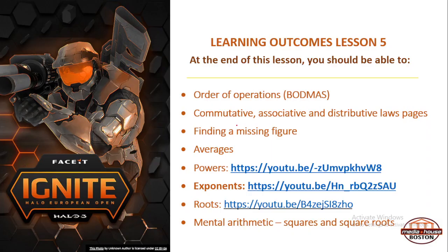The learning outcome of this lesson is that by the end of today's lesson, you should be able to apply the order of operations, which is BODMAS, which we already covered in lesson 1, the commutative, associative, and distributive laws, finding a missing figure, and averages. We're also going to talk about powers and exponents, which go hand in hand, and then roots, which also go hand in hand with the powers.